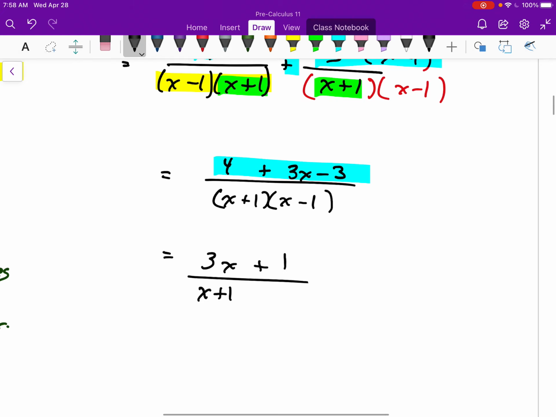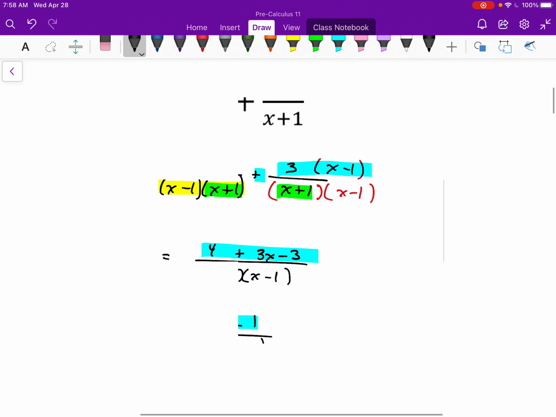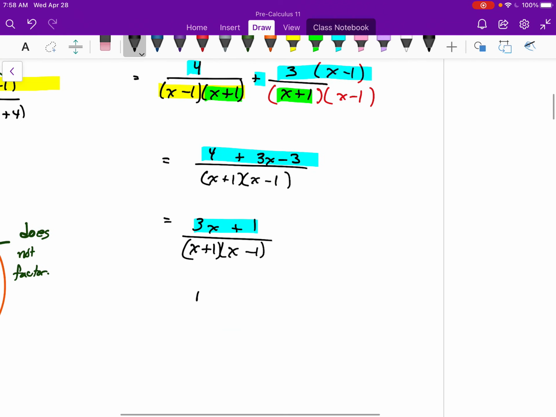I have x plus 1 times x minus 1 in my denominator. My numerator can't be factored, my denominator already is, and none of the factors are the same. They're similar. I mean, there's x plus 1 in the denominator and 3x plus 1 in the numerator, but they're not the same. So I can't cancel anything out. Just take the restrictions. I just realized the question is in x. So x cannot equal plus or minus 1.